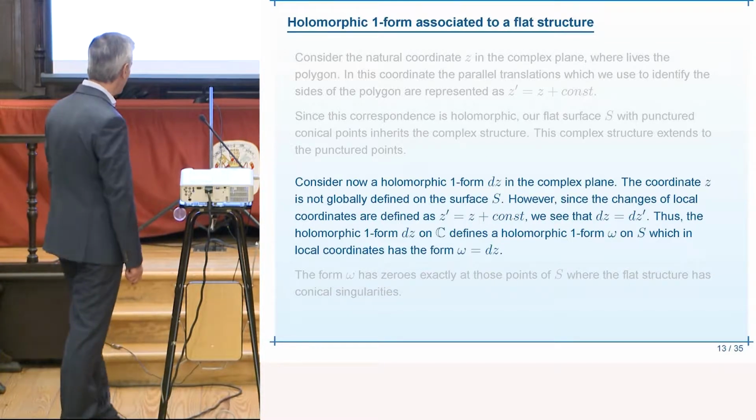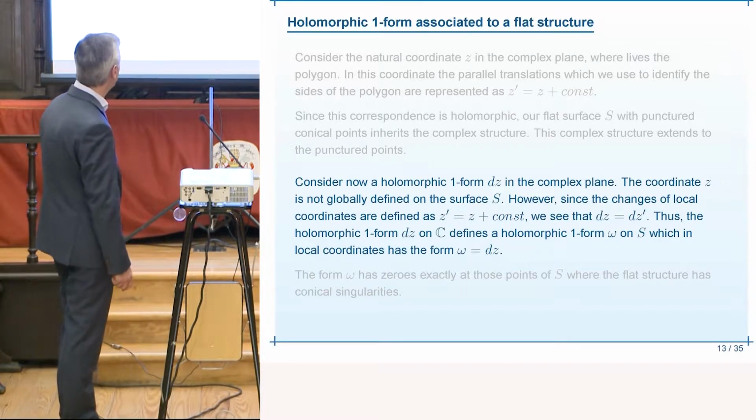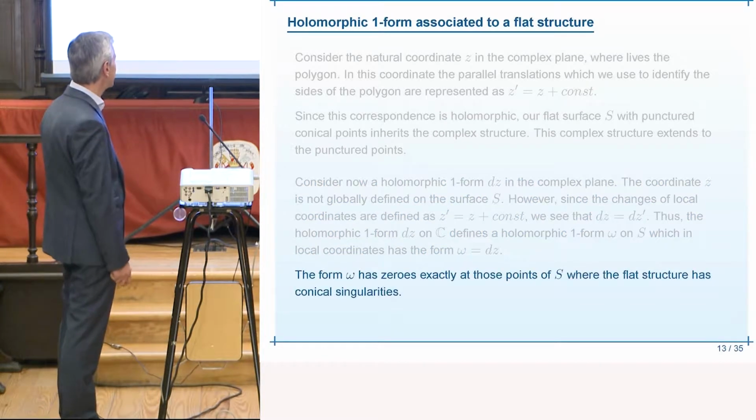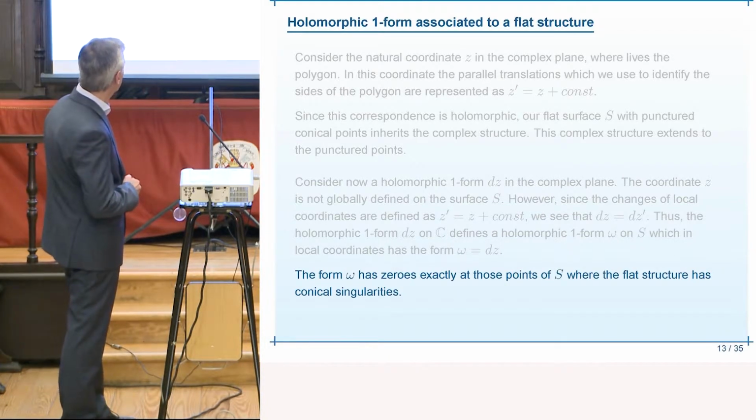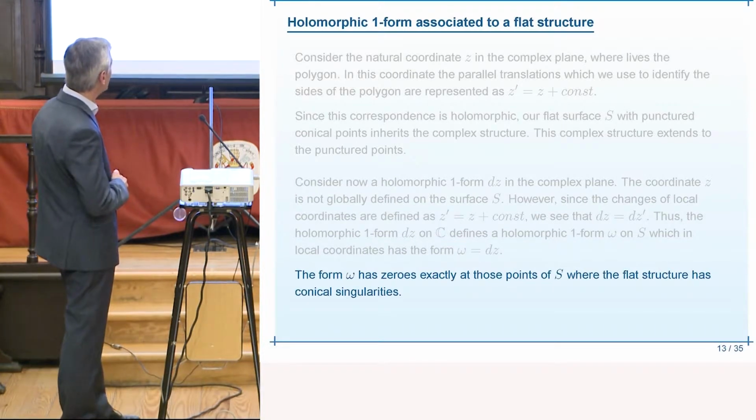So basically, I tried to convince you that this moduli space or family of flat surfaces with given combinatorial geometry is the same as the moduli space of pairs, a complex curve C and a holomorphic one form on this complex curve, where the holomorphic one form has an extra restriction.